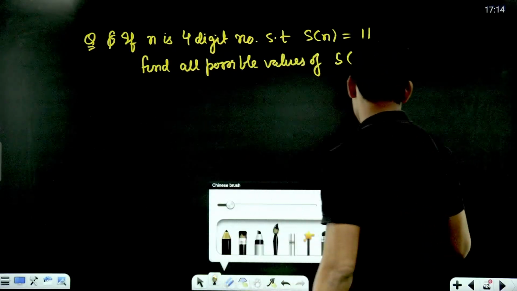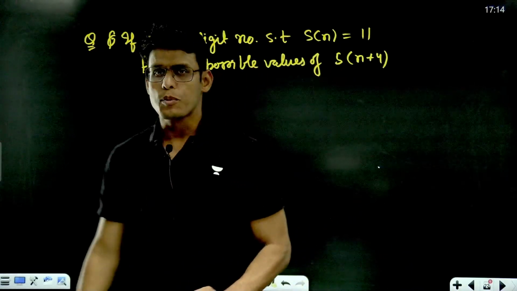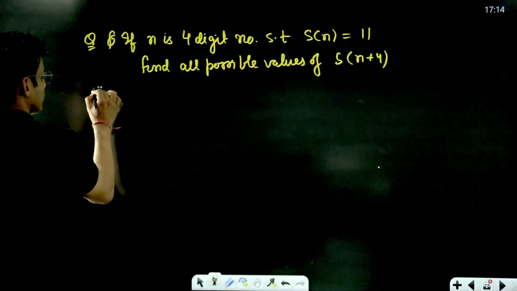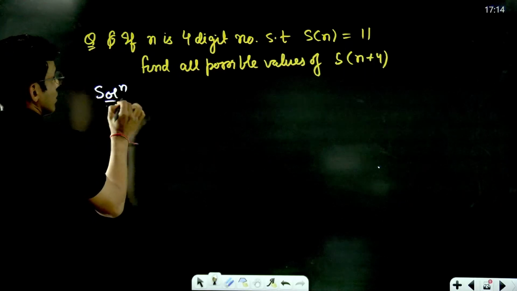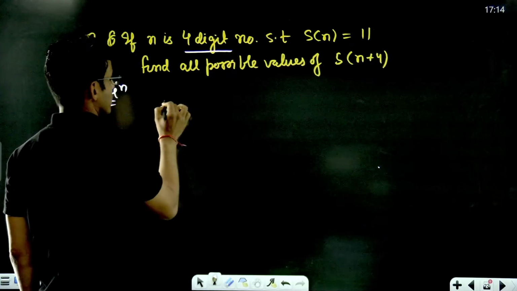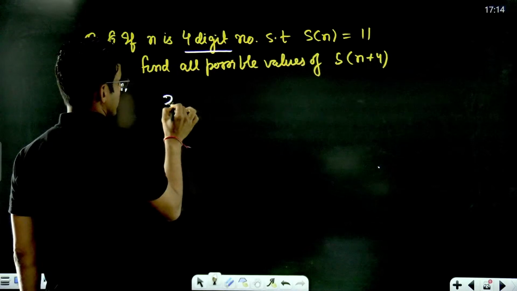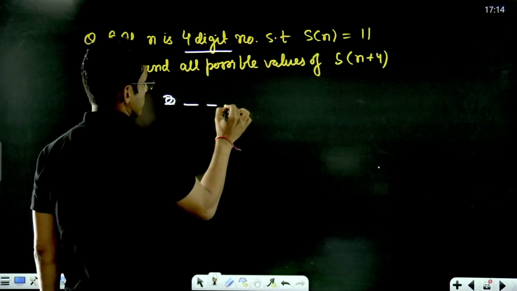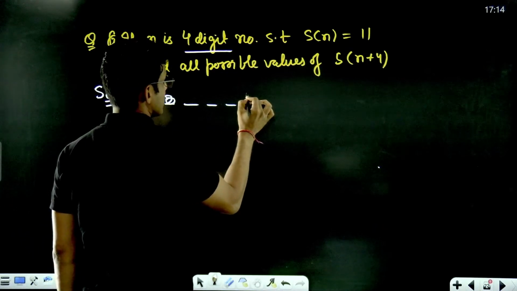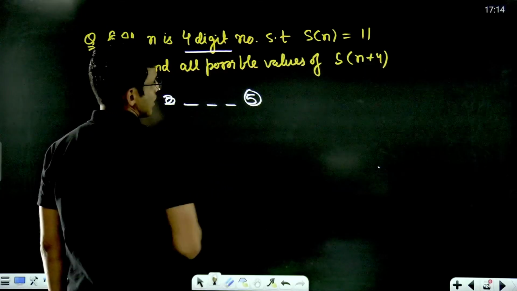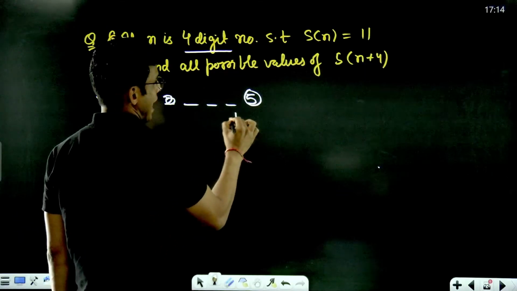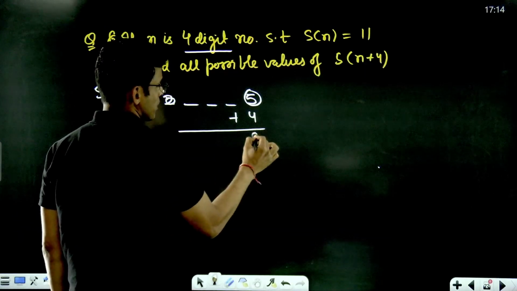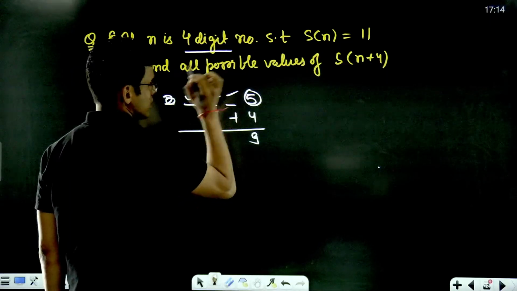Nice. So let us approach this problem. Now, n is a 4-digit number. Suppose the last digit is up to 5. If you add 4 to it, it simply becomes 9 and the other 3 digits remain the same.